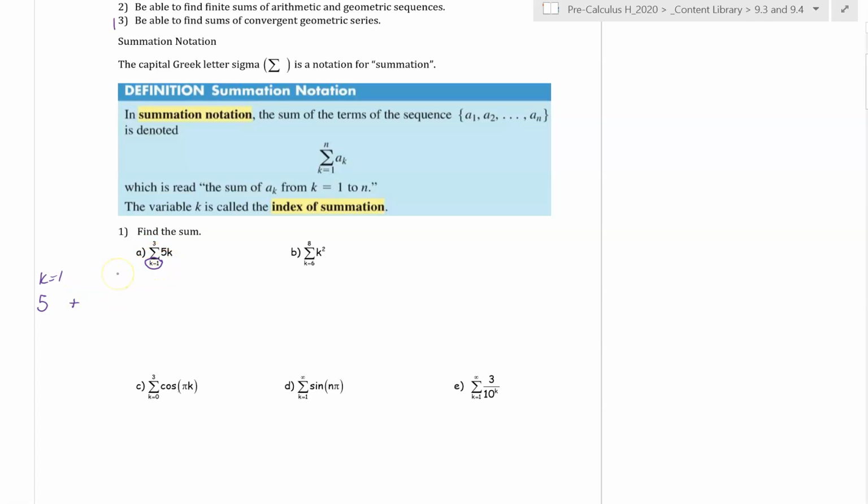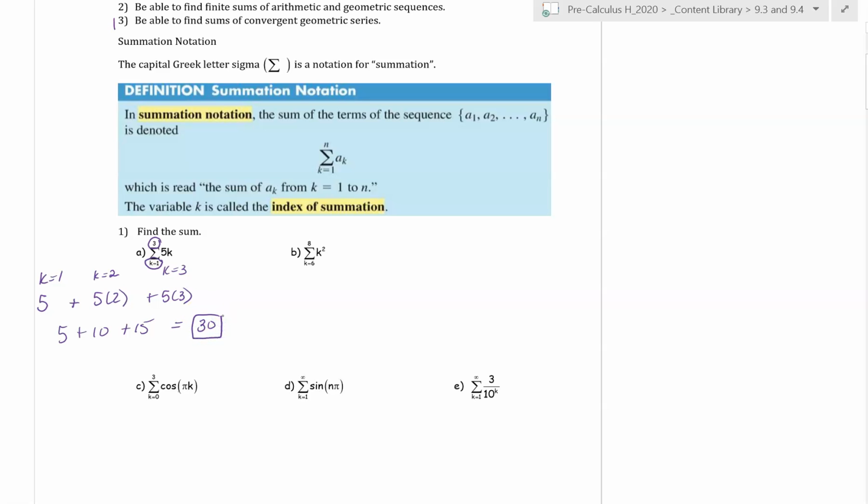Then you're going to add 1, so k equals 2, and then add 1 to that, and you get k equals 3, and the index of summation says start with 1 and end with 3. So you end up with 5 plus 10 plus 15. The sum is 30.